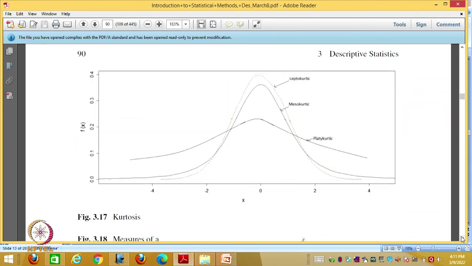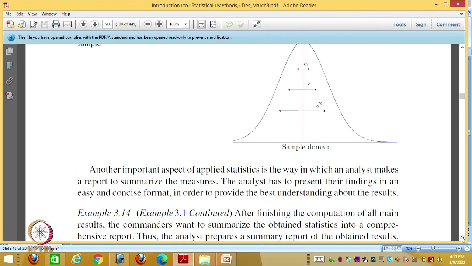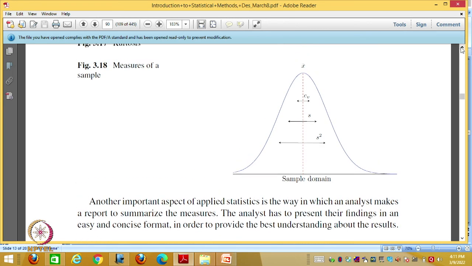Once you have that, one can also make a graphical representation of the kurtosis. You see that. There are different names according to the nature of the kurtosis. This is also a very important graph. It gives an idea of where the mean lies for a normal distribution, and what the coefficient of variation, the standard deviation and the variance are.